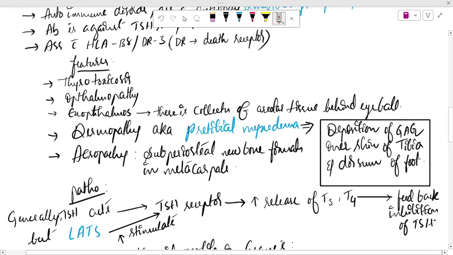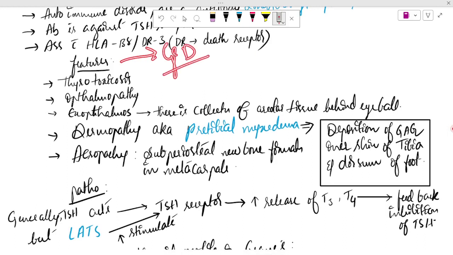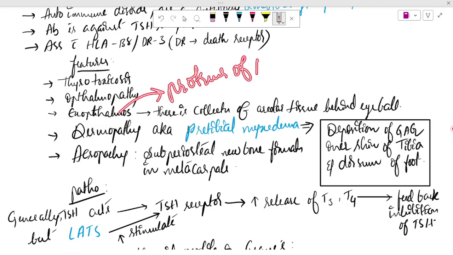Now, what are some of the features of Graves' disease? Some of the main features are thyrotoxicosis and ophthalmopathy. Then most undoubtedly you see exophthalmos, that means protrusion of eyes anteriorly or forward.